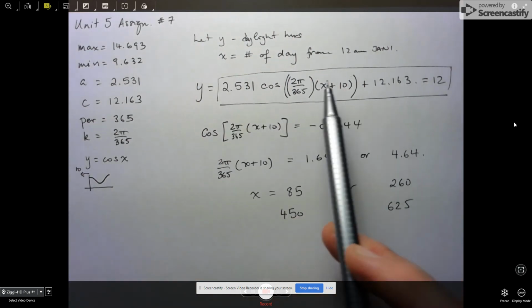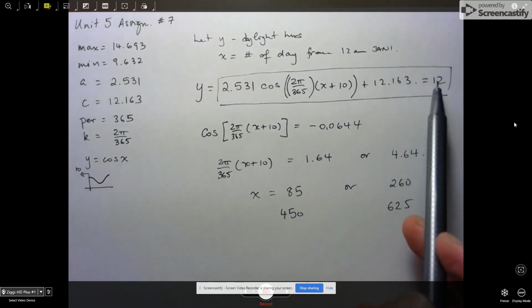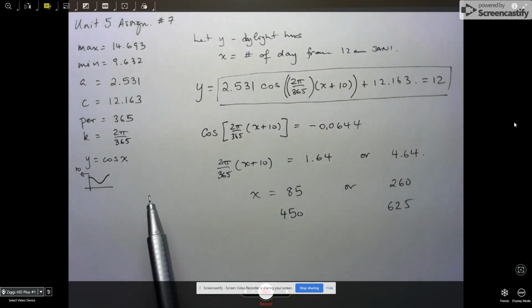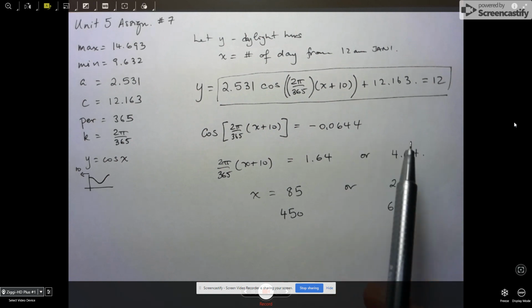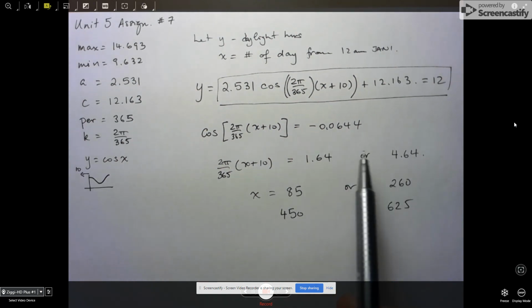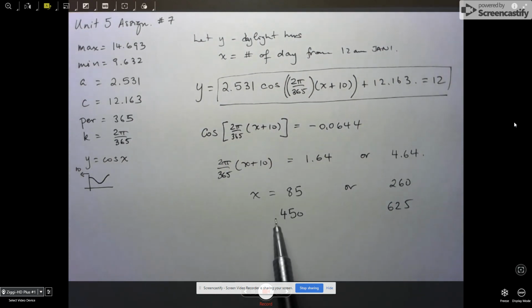Once we had our model, we set up our equation: the daylight hours being equal to 12. Step 1, isolate your trig ratio. Step 2, use inverse cosine and the 2 pi minus theta related angle identity to determine your initial two answers. Step 3, solve for x. Step 4, add or subtract the period in order to determine all the other possible solutions. Okay, that's it for this one.